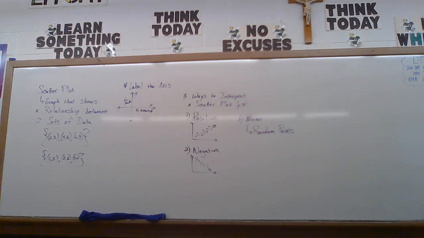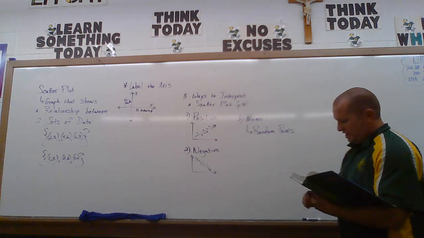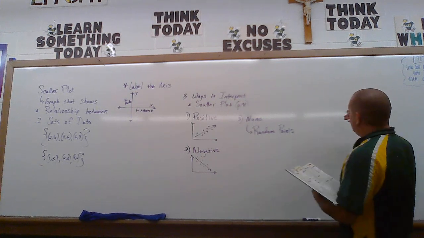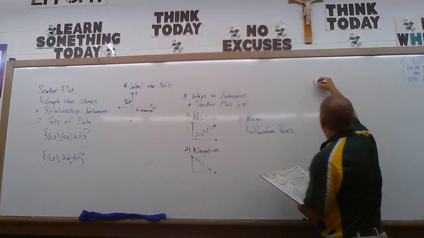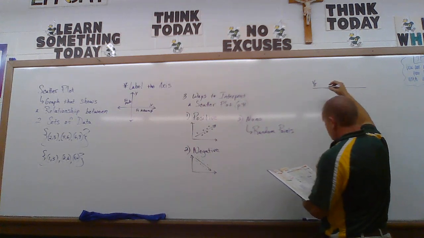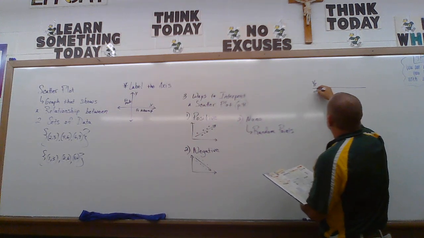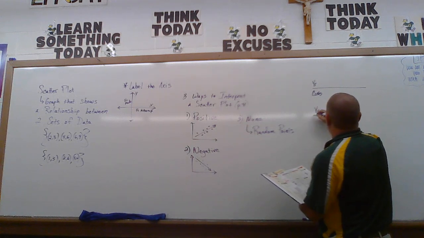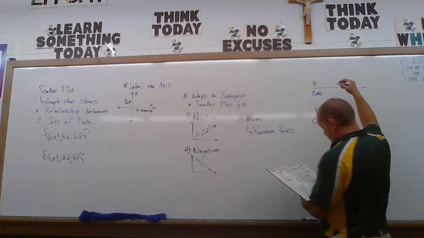So, if you saw this now, or you can't see this one, I don't think, in your book. But here's my table. I have a year, and then I have cents. And then my second one is year and cents also. And then they give me information.